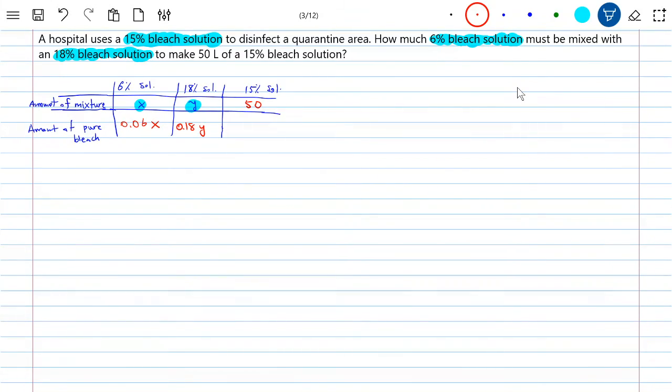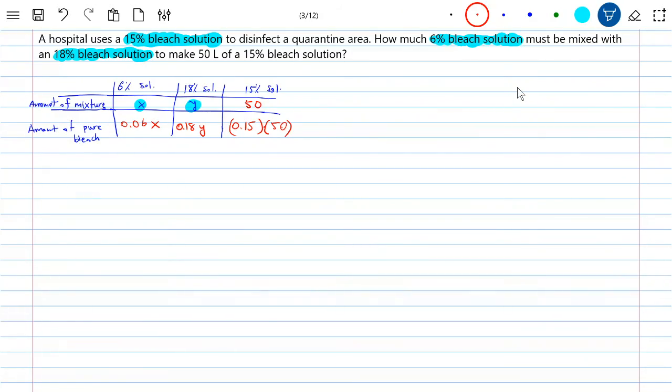This is the amount of pure bleach that you get from each solution: 6% of x and 18% of y. If you add these two, what do you expect in total? It's 15%. But 15% of what? 15% of 50, so 15% times 50. That's what we expect to get.